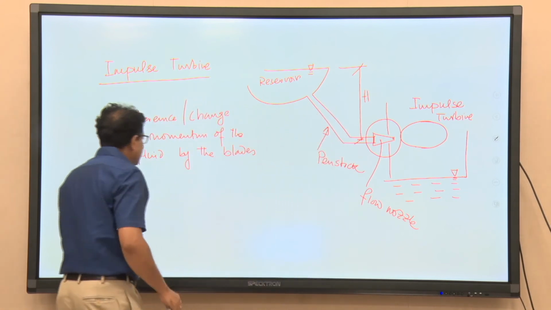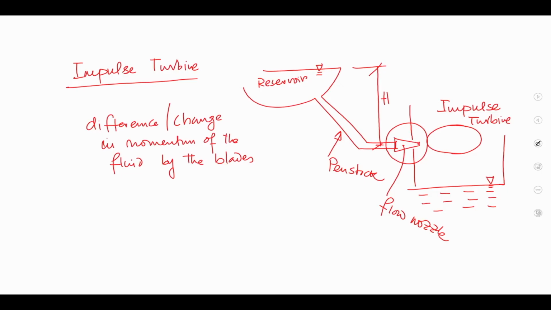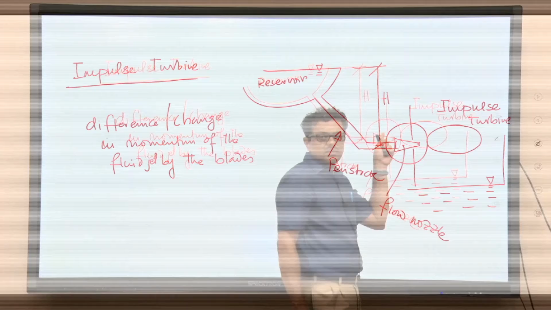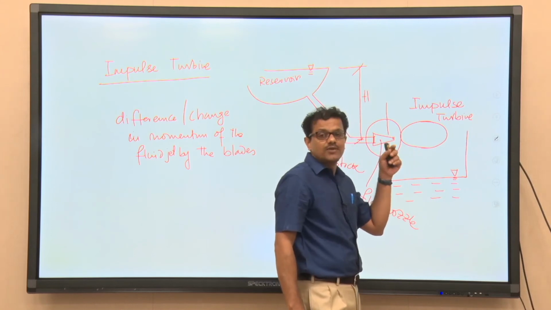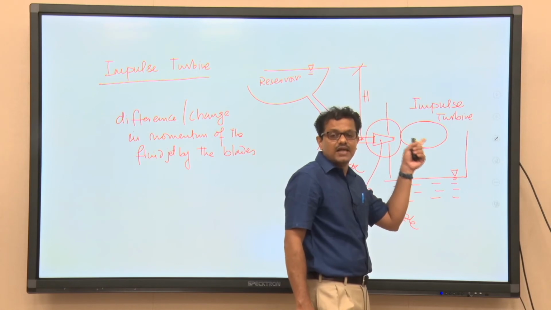So, basically this is the difference or change in momentum of the fluid jet. The fluid is allowed to pass through this nozzle. At the exit of the nozzle, fluid will come out in the form of a jet, and that jet will strike the turbine blades.